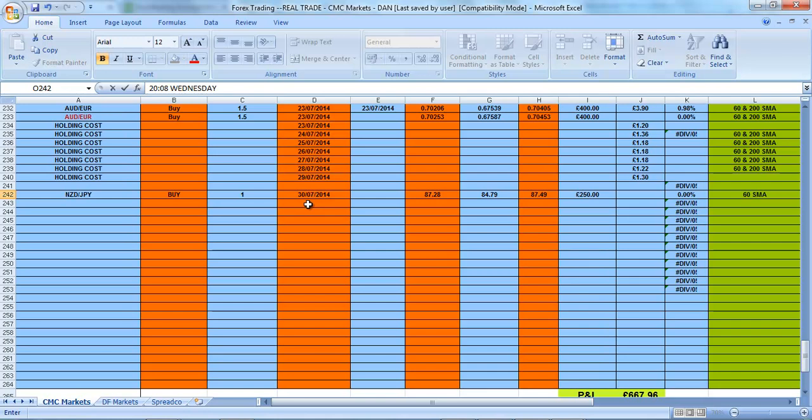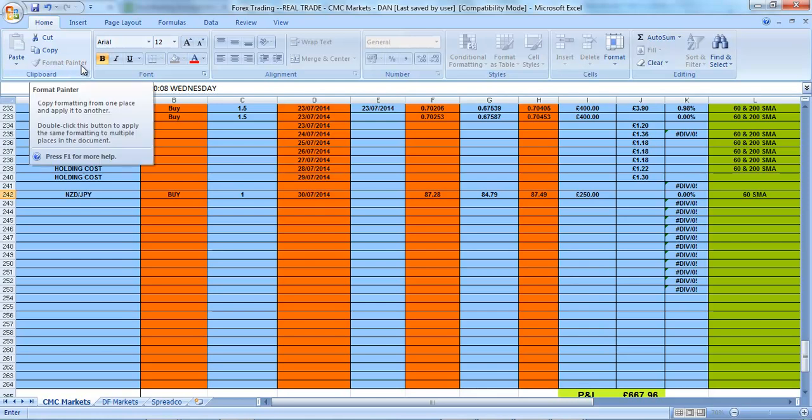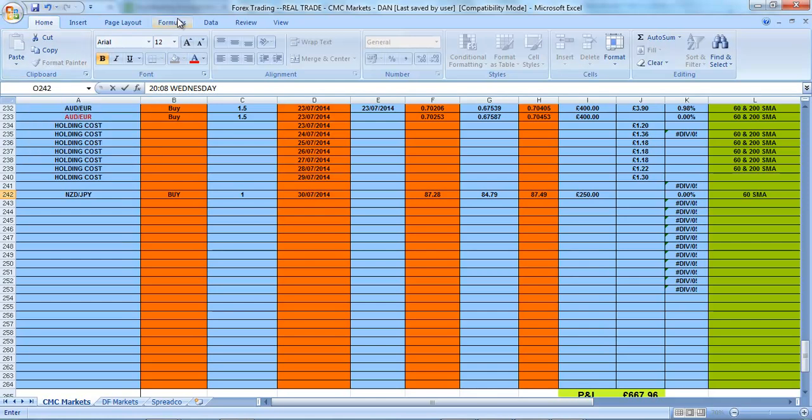So holding cost, and then the date, obviously it will be overnight. So you put the 30th of July 2014 to the 31st of July 2014. You put that there.